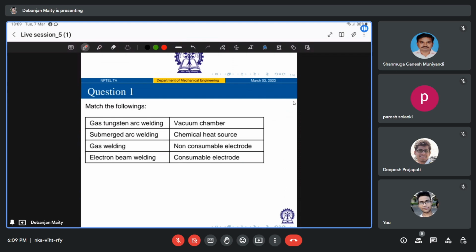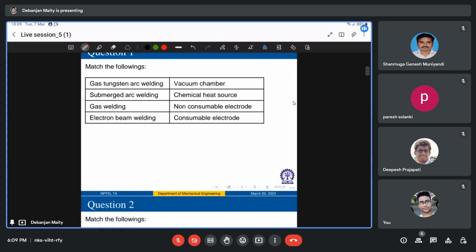So if we see gas tungsten arc welding, this is part of a shielded metal arc welding kind of thing. If we see this arc welding with coated electrodes, this is the most common welding process, right? So let us try to draw some schematic.